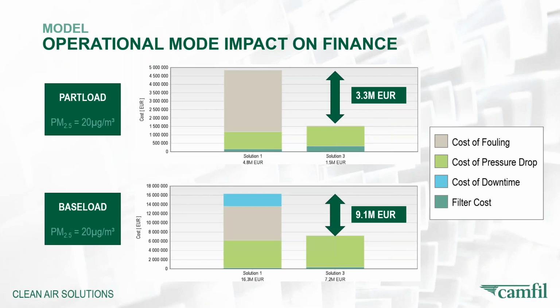And then running at base load, where the cost is much greater at 16.3, the savings is also going to be much greater, reducing that life cycle cost by 9.1 million euro. So extremely important and extremely valuable, especially having those conversations when looking at the OpEx to the CapEx to do a retrofit.